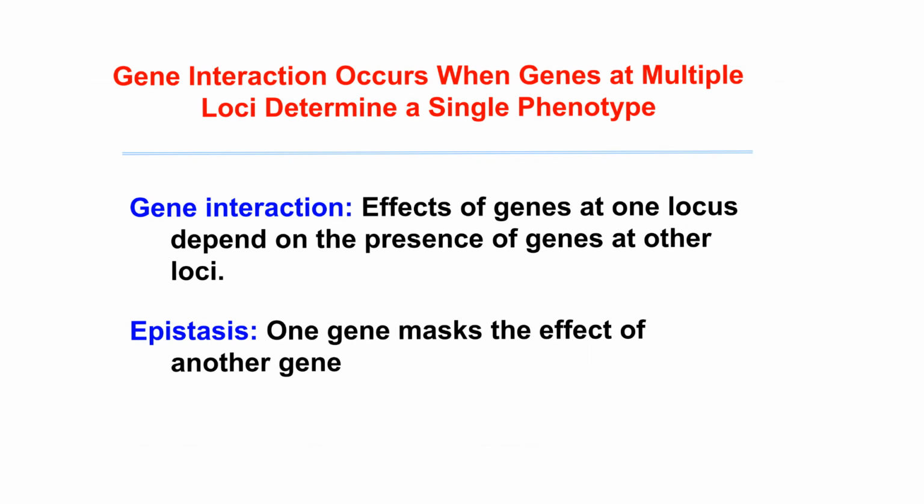Now let's talk about gene interactions. We have discussed previously dihybrid crosses in which two independent genes have their phenotypes combined in dihybrids and yield a ratio of 9 to 3 to 3 to 1. Let's consider round and yellow seed, where the alternatives are green and wrinkled.